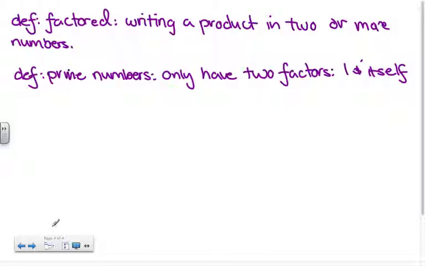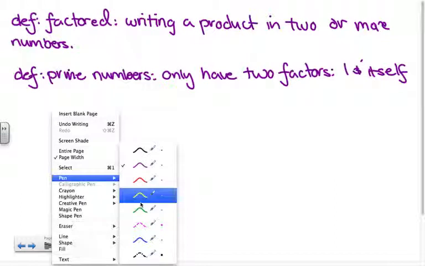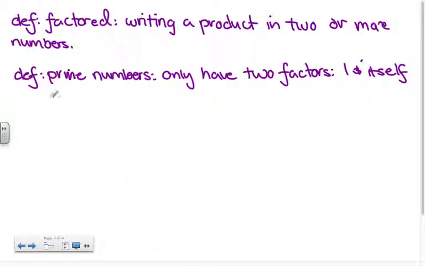So let's write down what these numbers are. And so I'm going to put this in a green box. Prime numbers, that's not the hashtag sign.